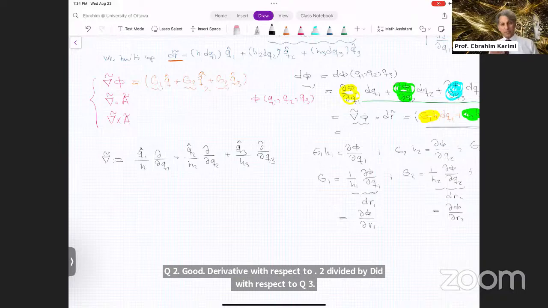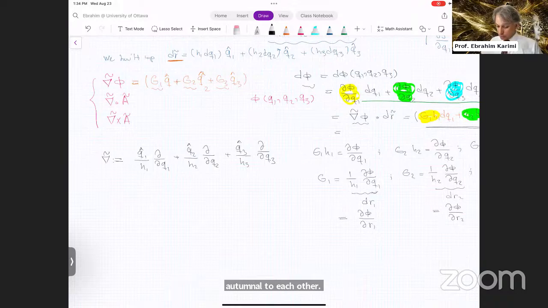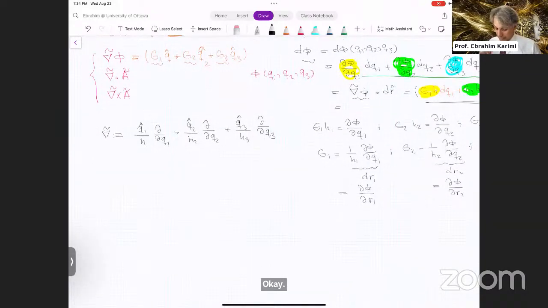Remember, I'm repeating myself, which is absolutely no problem at all. Q1, Q2, and Q3 are orthogonal to each other, and H1, H2, H3 are the square roots of the diagonal elements of the metric that we are dealing with. And that's the gradient.